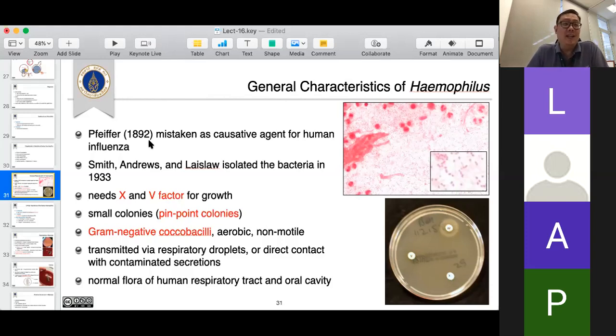But we now know it is a secondary infection when the influenza virus infects. This probably is a secondary infection that makes the patient weaker and finally develop pneumonia. Pneumonia doesn't come from Streptococcus pneumoniae alone. Another major cause is Haemophilus influenzae.